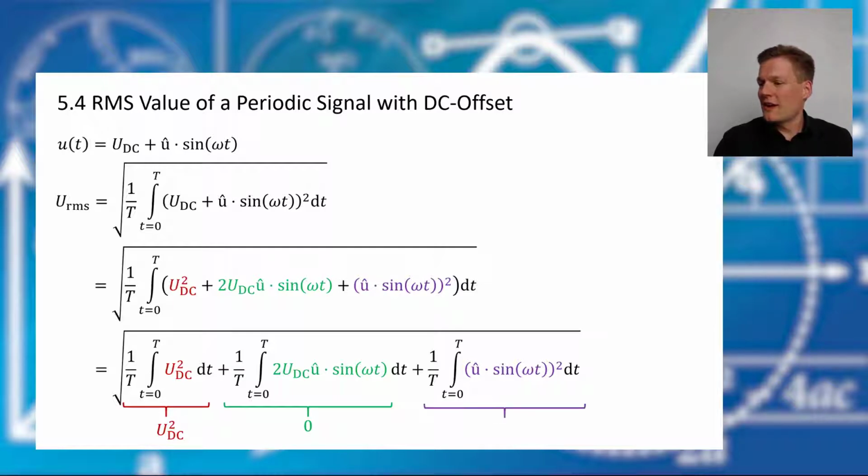And then in the end, we know that equation. This is exactly the equation we needed to calculate the RMS value of the alternating component of our signal.